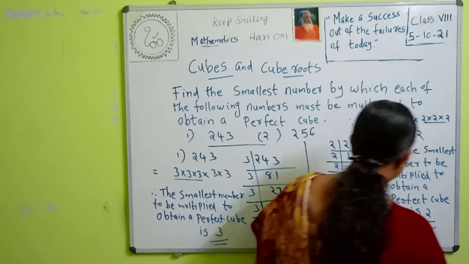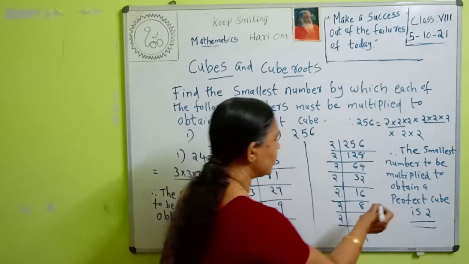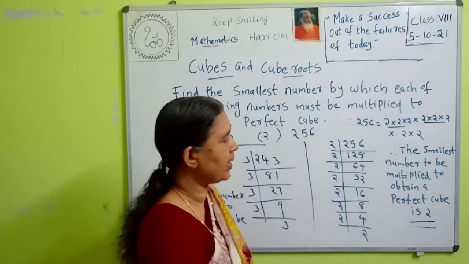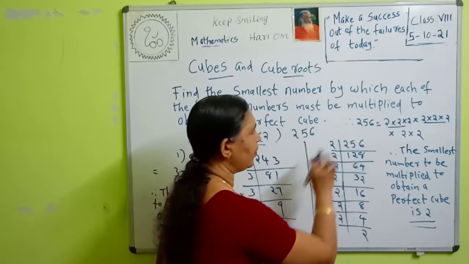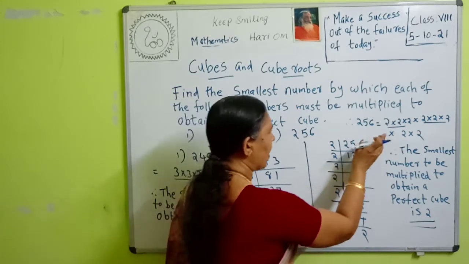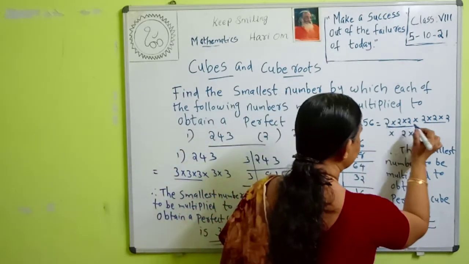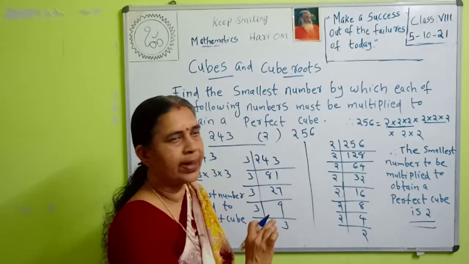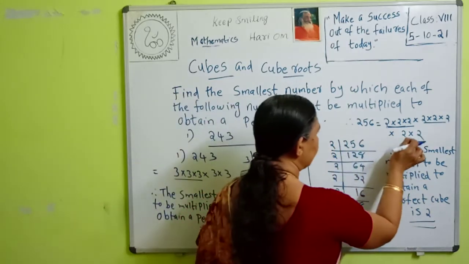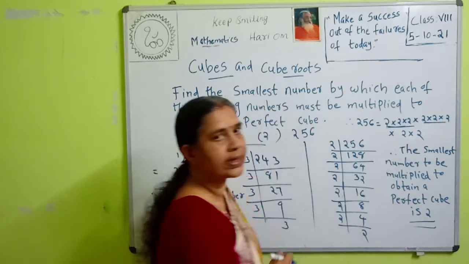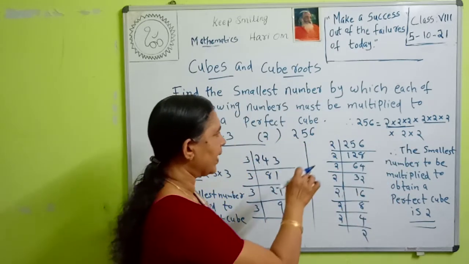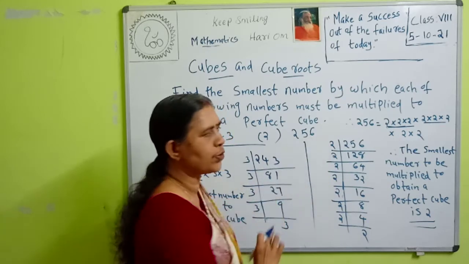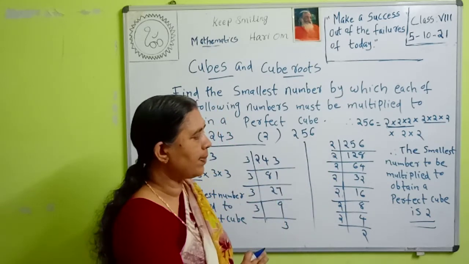So if we multiply this number by 2, then we will get a perfect cube. Because if we factorize 256 and group it into triplets, then in the last group we cannot write the numbers in triplet form. Then we need one more 2 to write this as a triplet. So if we multiply this number by 2, then this number is a perfect cube.